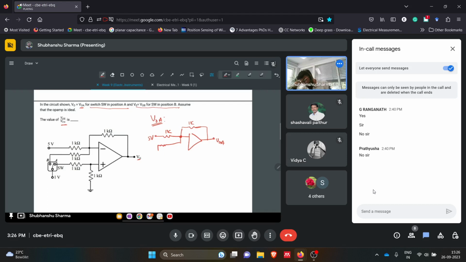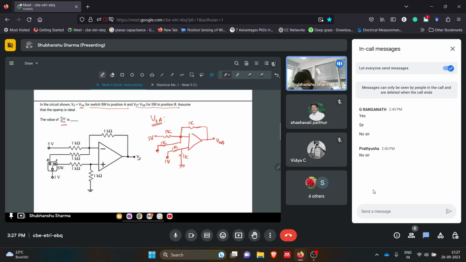This one will not be there, so I will not draw it, but I think then it will be at ground. So if this is in position A, we have 1 volt here, 1 kilo here, and this is the configuration.